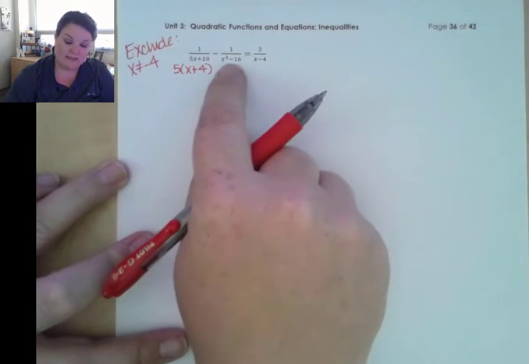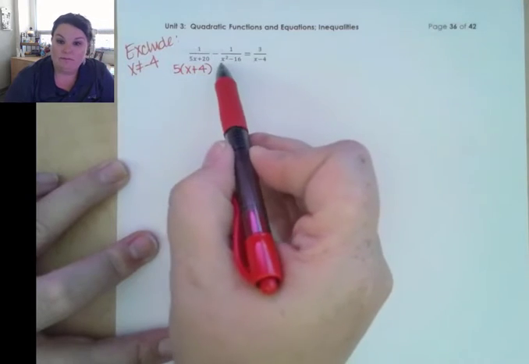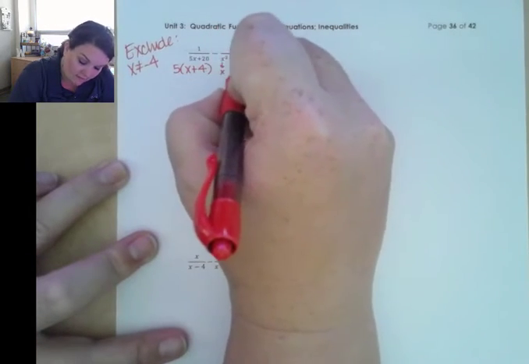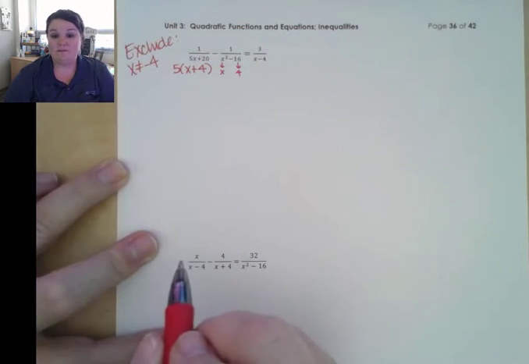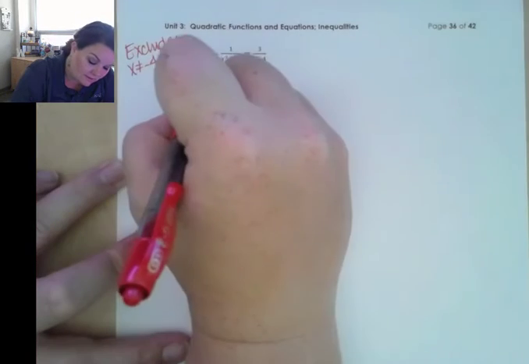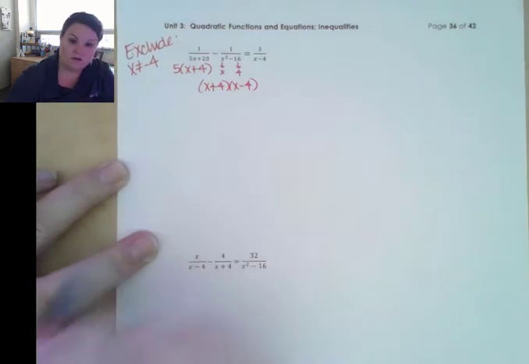Now I want to look at this middle one, right? When I factor this middle one, it's a difference of squares, right? Because my base here is an x, my base here is a 4, and a difference of squares factors into the first base plus the second times the first base minus the second. So this is going to become x plus 4 times x minus 4.